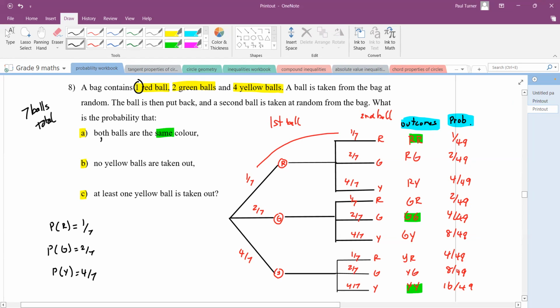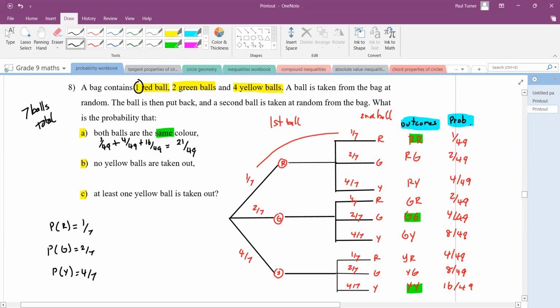So 1 on 49 plus 4 on 49 plus 16 on 49, what is that up to? 20, 21. So that's going to be 21 on 49.